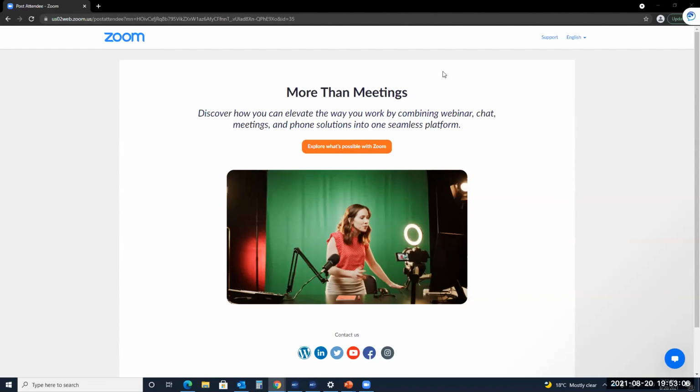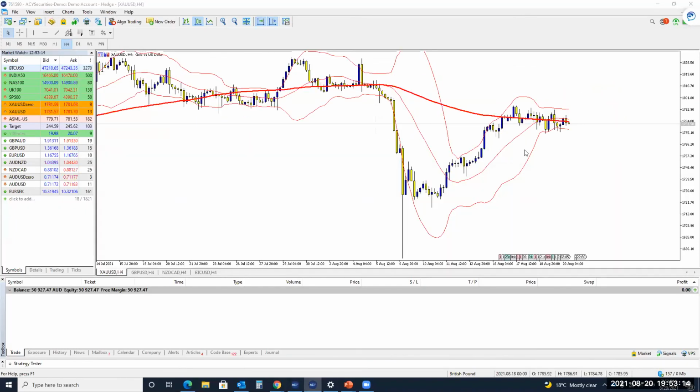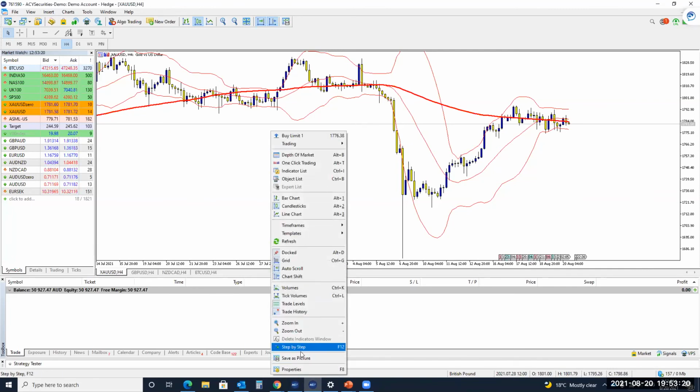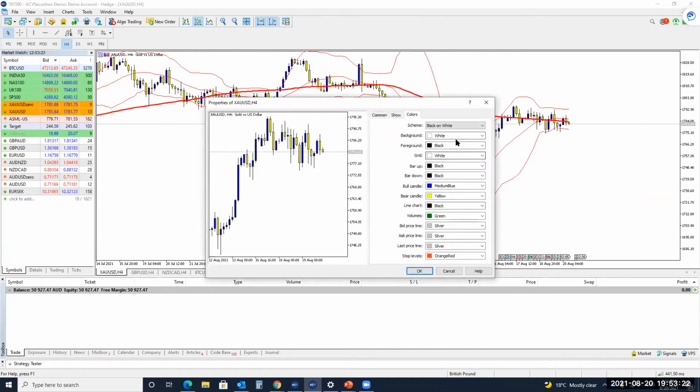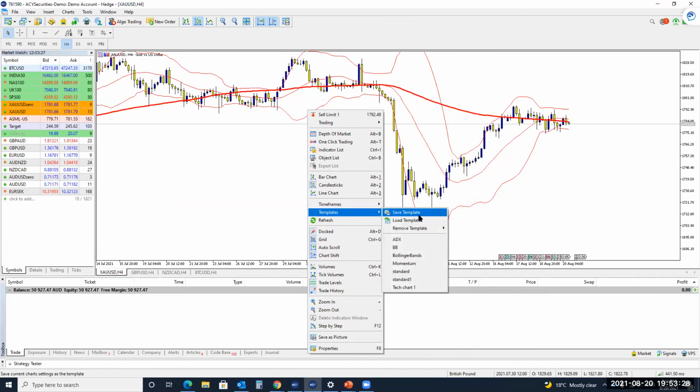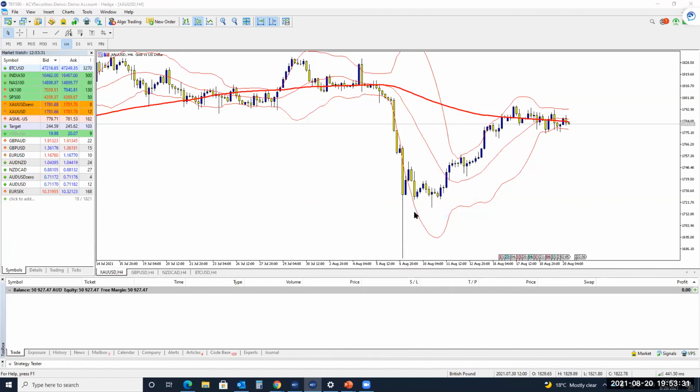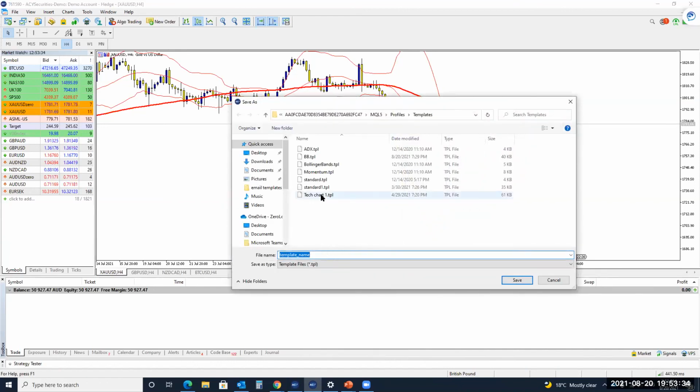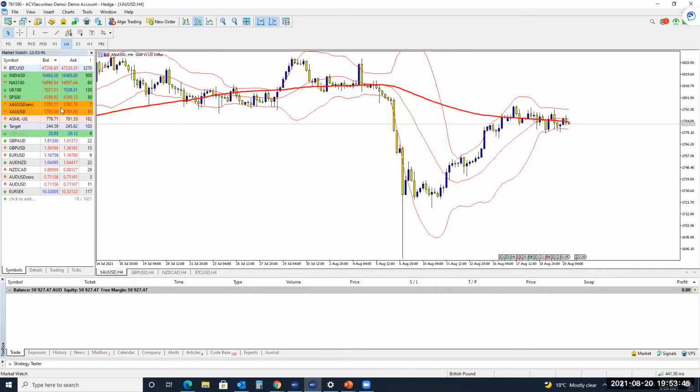I'll show you real quick as well while we're here, just to go over it. How do I set all of, so let's say we have our trade set up. There is a way in which you can save a template. Click on save template, and you call it standard, I believe.